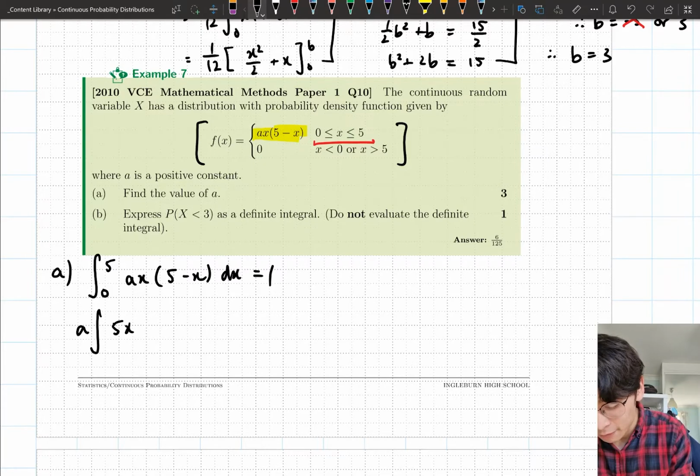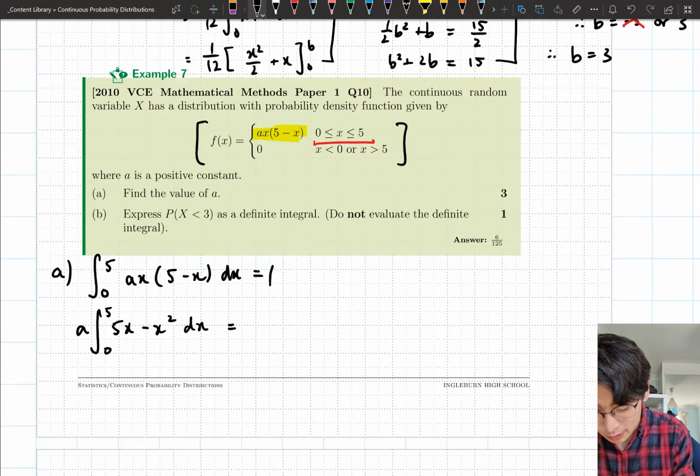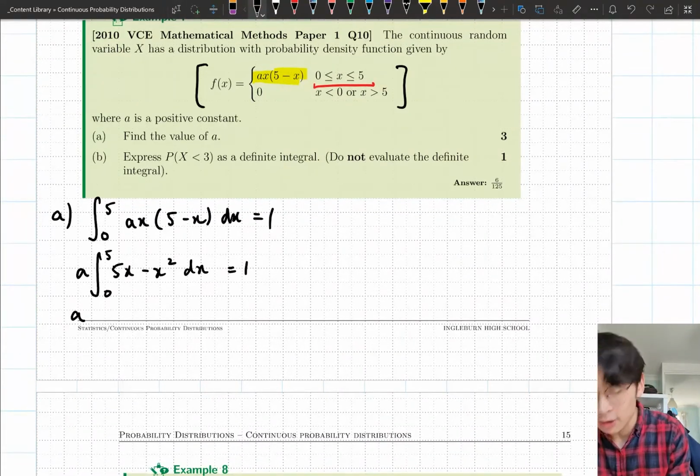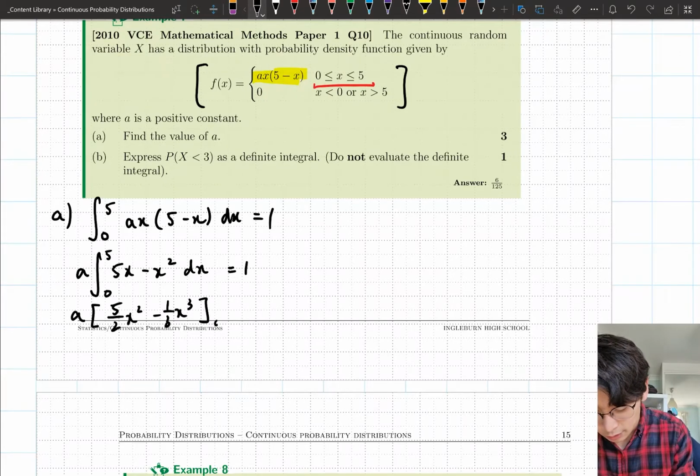I'm just going to pull out the a at the front, and I'm going to expand this, so I get 5x - x². I'm going to integrate from 0 to 5 again, and that's still equal to 1. And so here, I'm just going to do my integration and sub my 0 and 5 in. When I integrate this, I get (5/2)x² - (1/3)x³ from 0 to 5, which is equal to 1.